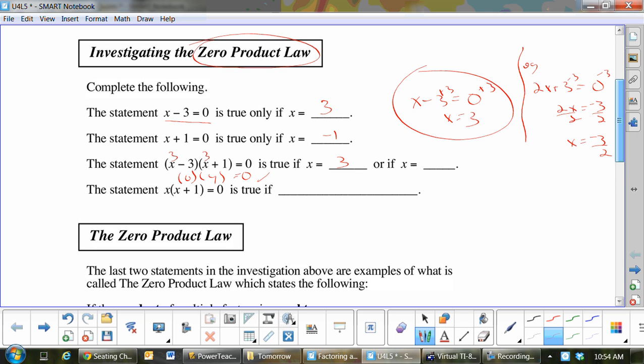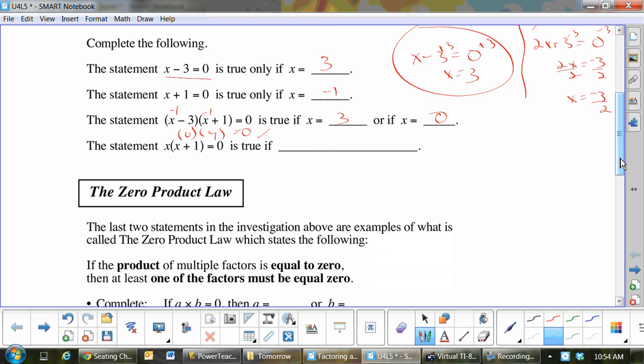Okay? Now, so we know 3 would make this equal 0. And what else would make this equal 0? Not half, no. Negative 1. Because if you put a negative 1 into both those, you're going to get 0. In the next one, what would be the x's that would make that equal 0? If x is 0 or negative 1.